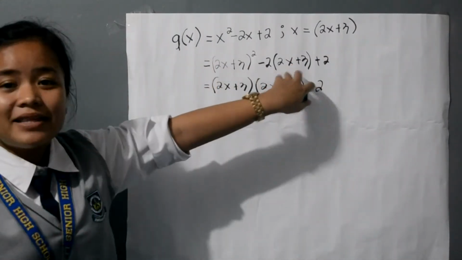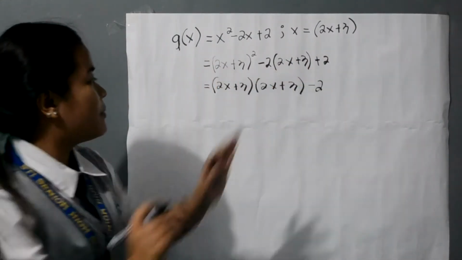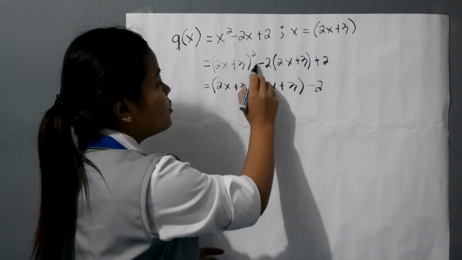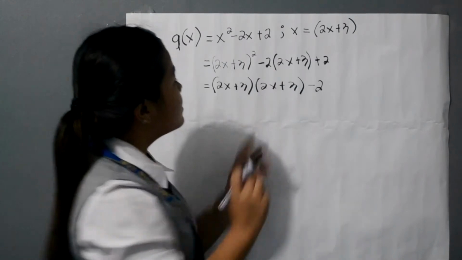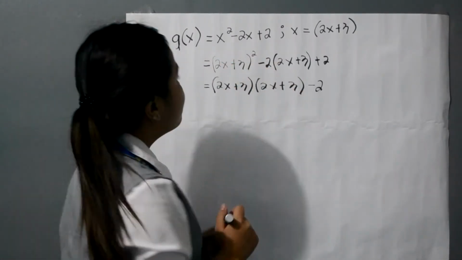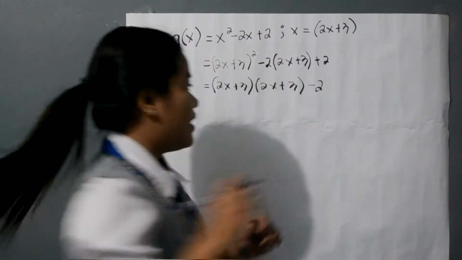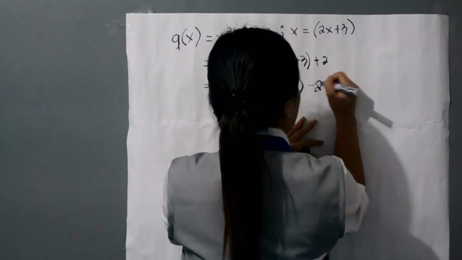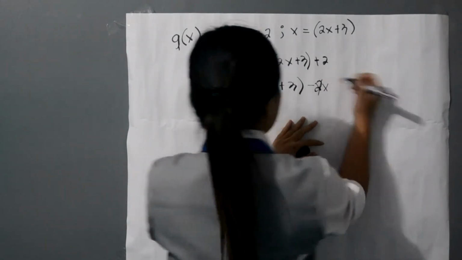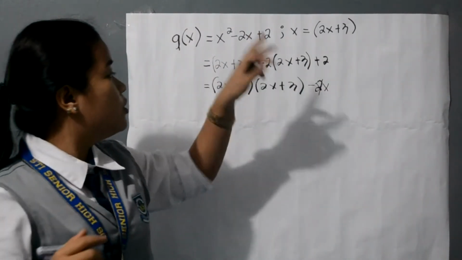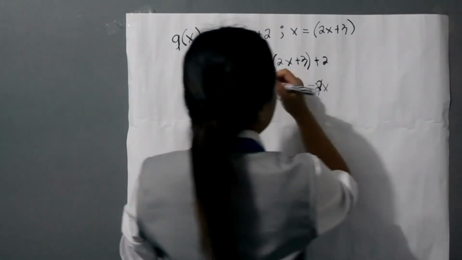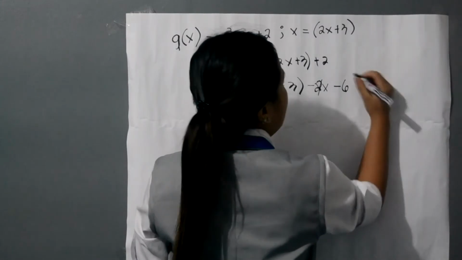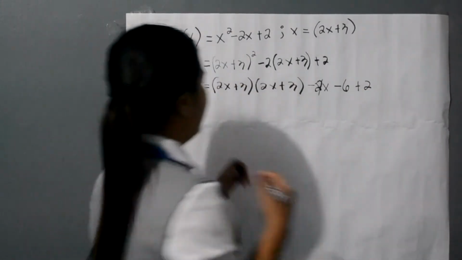Gagamitan natin to ng distributive property. So, negative 2 times 2x is negative 4x. Negative 2 times 3 equals negative 6, plus 2.